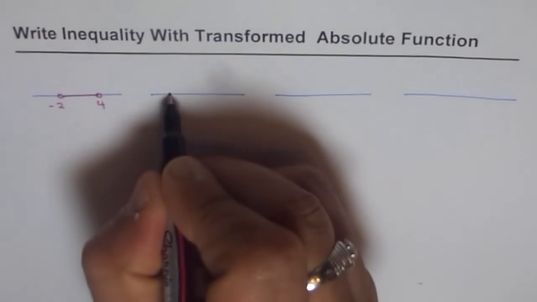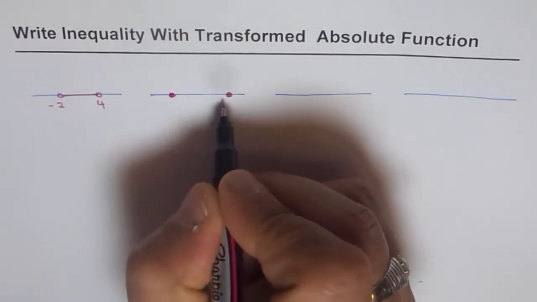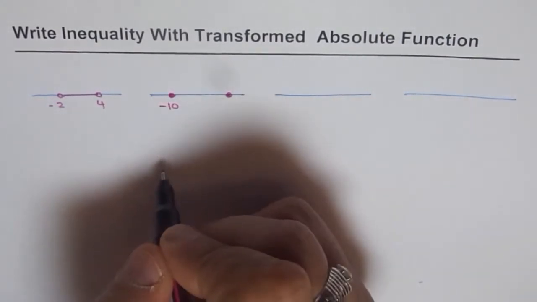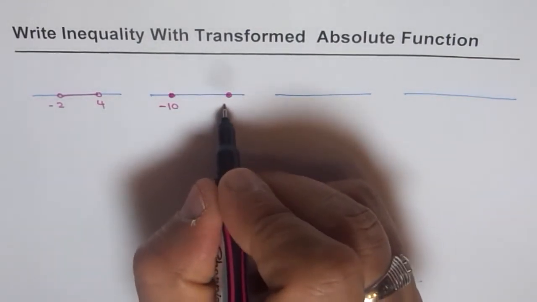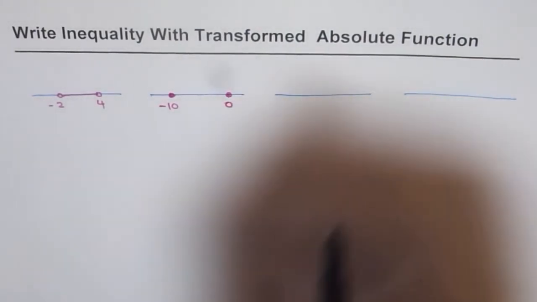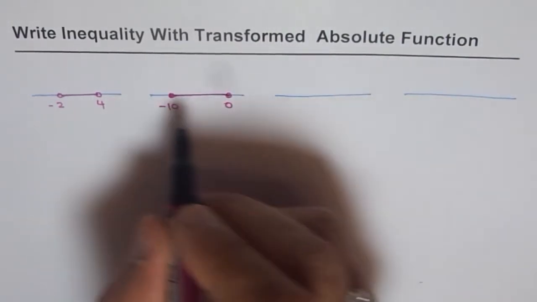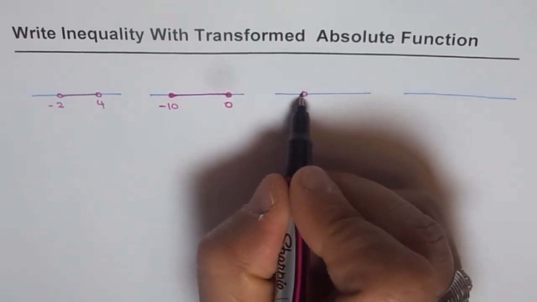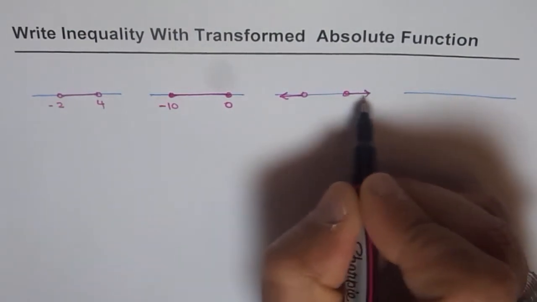And this one is similar to that, but with filled in holes, right? So we just fill it in and write two values, which you guessed it, are not symmetric about origin. So let us say we have -10 and let's say 0, okay? Now here we have this, let's shade in between. So that is a solution on a number line. Now in this case, we'll have something which is greater than. So the arrows are pointing outwards, right?